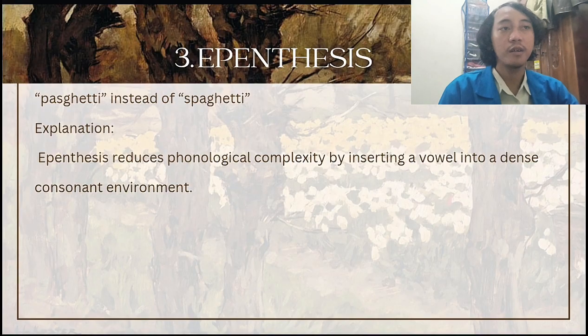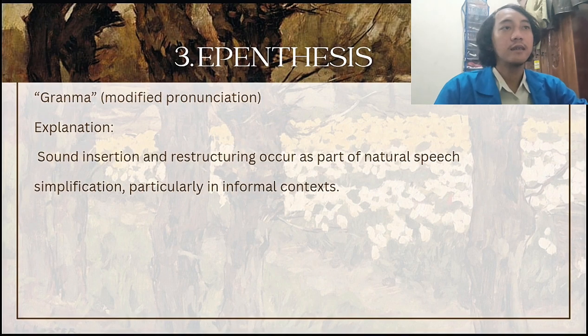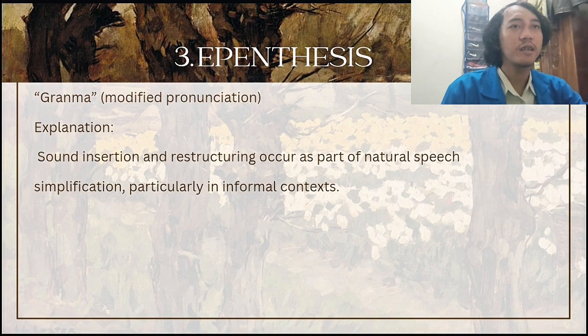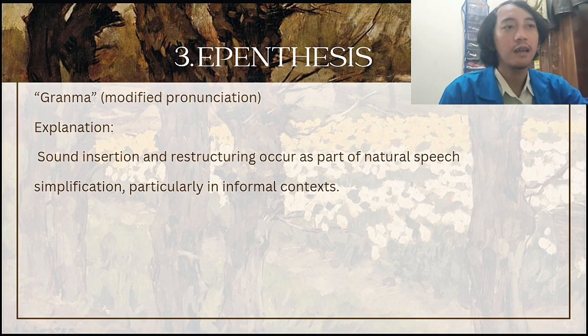Explanation: appendices reduces phonological complexity by inserting a vowel into a dense consonant environment. And the next one, appendices, grandma, modifies pronunciation. Explanation: sound insertion and restructuring occur as part of natural speech.